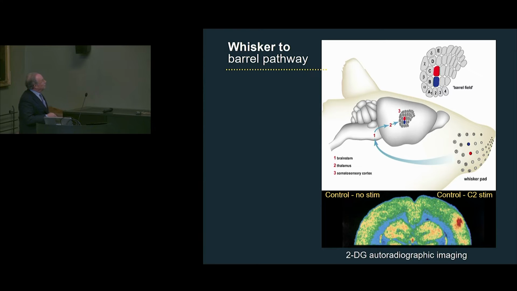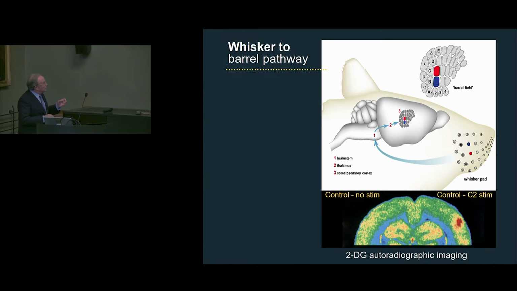So we did experiments in vivo in this well-known neuroanatomical physiological pathway, the whisker to barrel. So for each whisker, there is a corresponding aggregation in layer 4 of somatosensory cortex called the barrel.